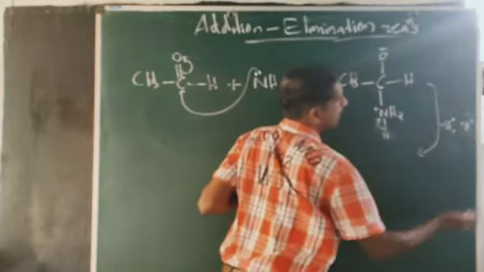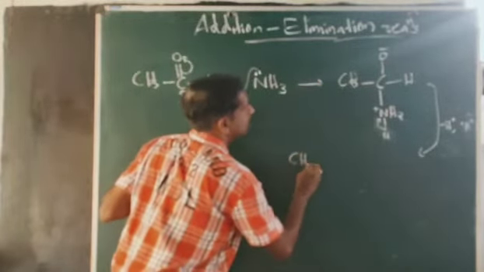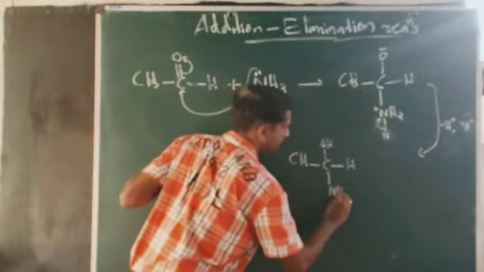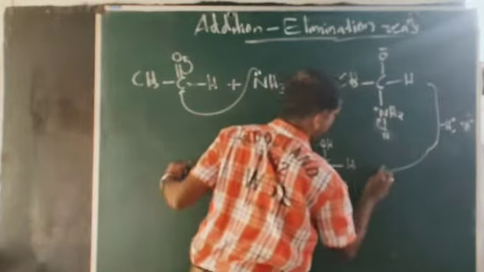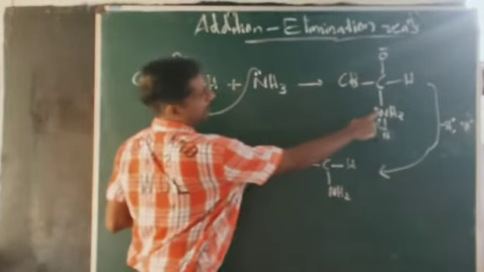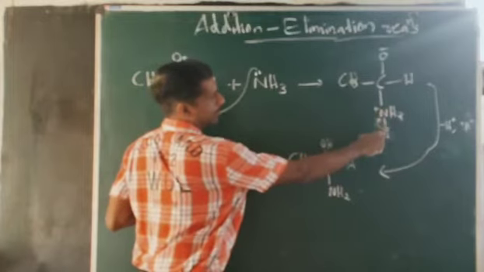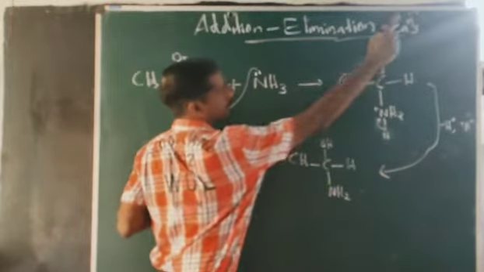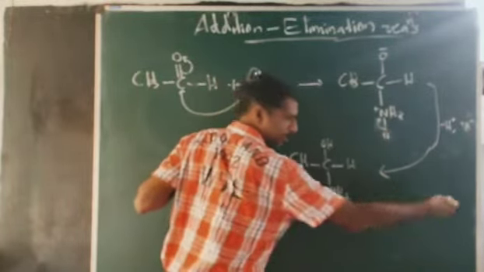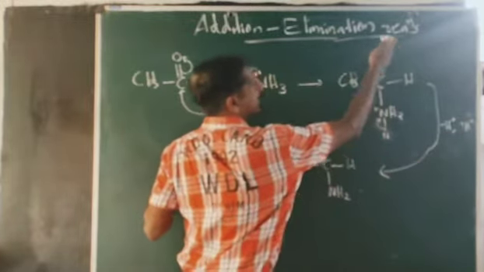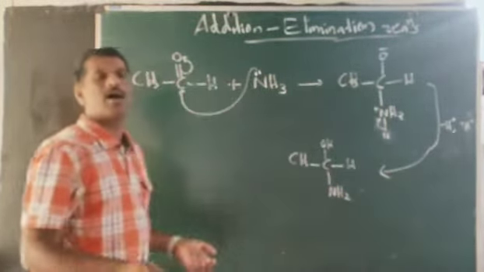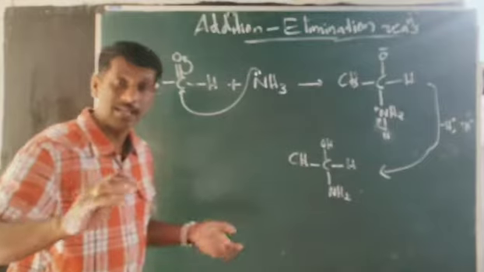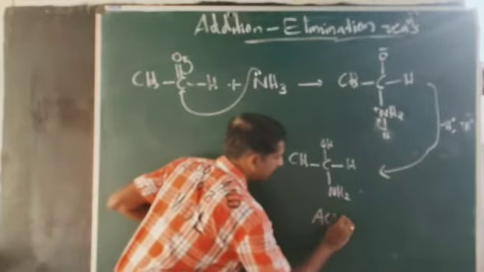So what we get is CH3 C, OH, H, and NH2. Hope you understand this step. Here it is NH3 plus, meaning NH2H. For stability, this pair of electrons moves to nitrogen, and the removed H plus attaches to this oxygen. That is minus H plus and plus H plus. This is the first compound forming, that is aldehyde ammonia, as I told you. Here it is acetaldehyde ammonia.